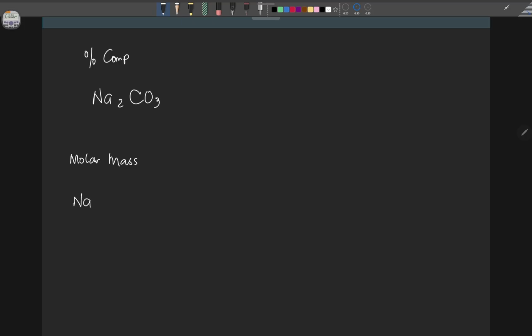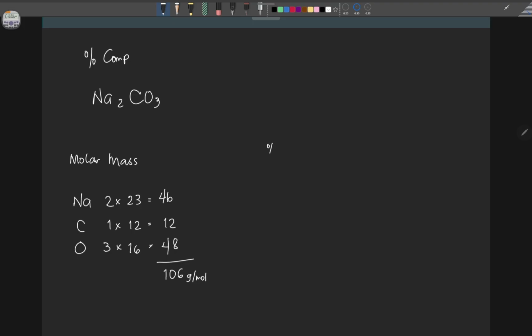So we have Na, C, and then O. This is 2, 1, and then 3, times Na is 23, carbon is 12, and this one is 16. So 46, 12, and then 48. That will be equal to 106 grams per mole.